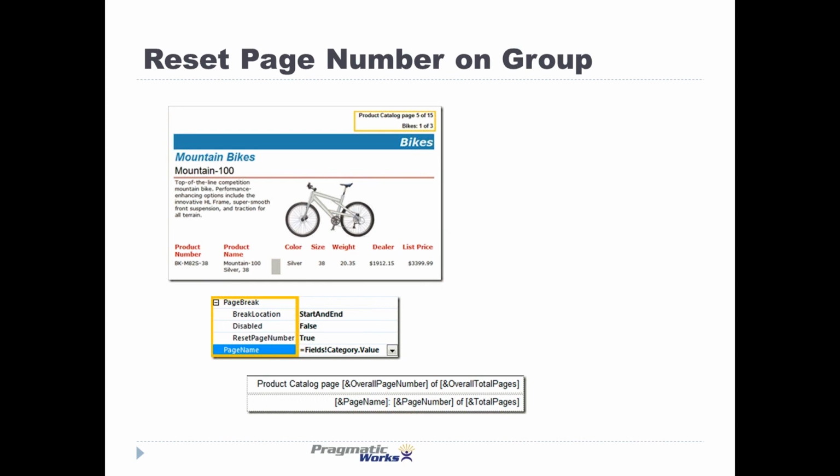They have this page break section, and I'm not going to go into all the gory details of all the options that you have here, but the moral of the story is this whole section, including the page name, is very valuable for different things. And you can see, of course, at the bottom how they actually coded up that area that we saw in the yellow box based upon that.